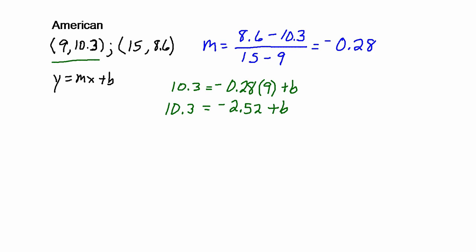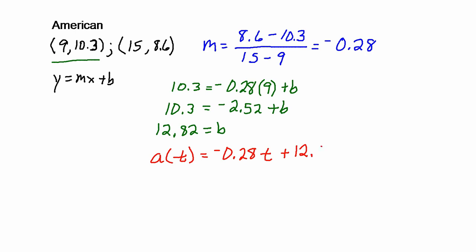Adding 2.52 to both sides, 12.82 equals b. My line, A of t, which replaces the y, equals m, negative 0.28, times x, which in our case is t, plus b, 12.82.